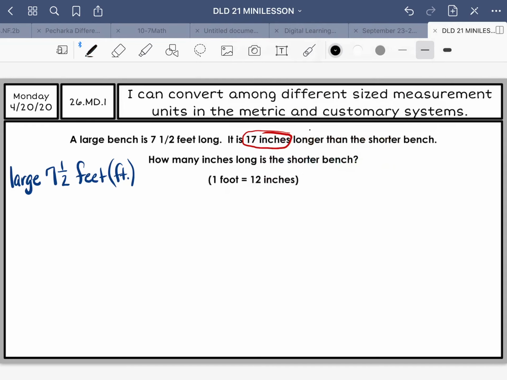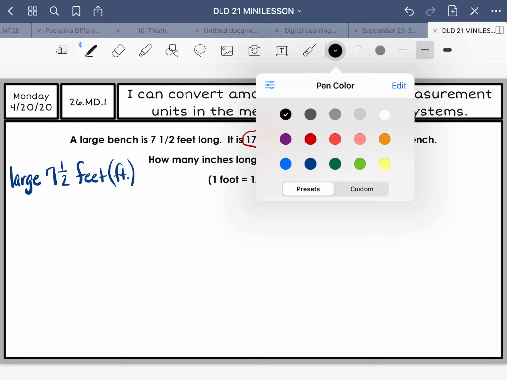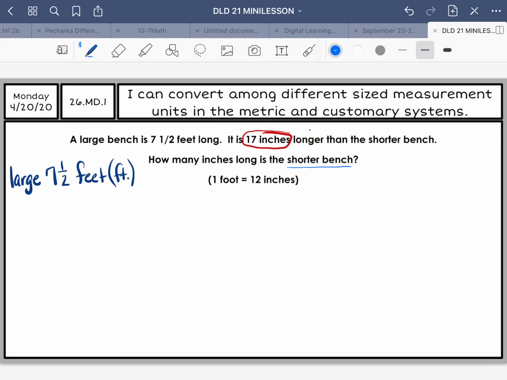There's something else that I'm noticing. We have a clue on the page. I see that this clue says that 1 foot equals 12 inches. And that's important. I want to make sure that I remember that clue later on as I'm completing this task.